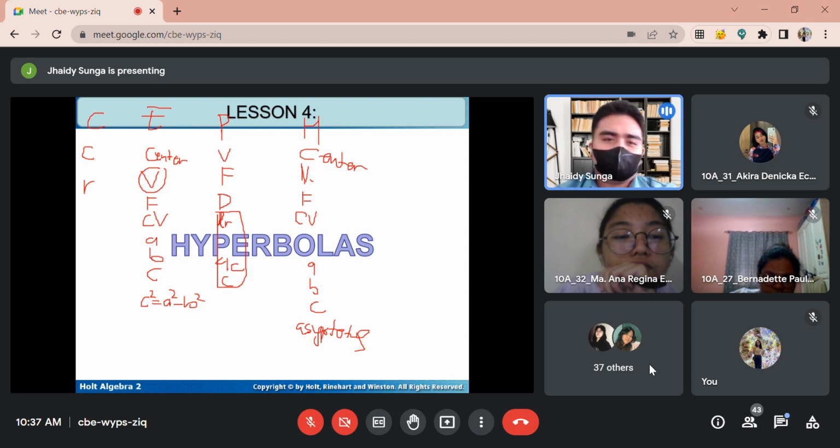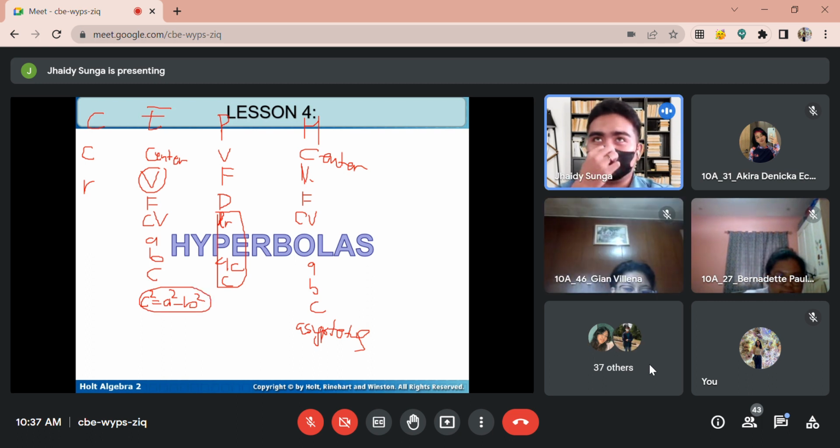So these are some of the guidelines. There is a pattern, and in order for you to find the value of c, I mentioned in ellipse that it is somewhat a Pythagorean theorem. But the only difference in ellipse is that the operation between a and b is subtraction.